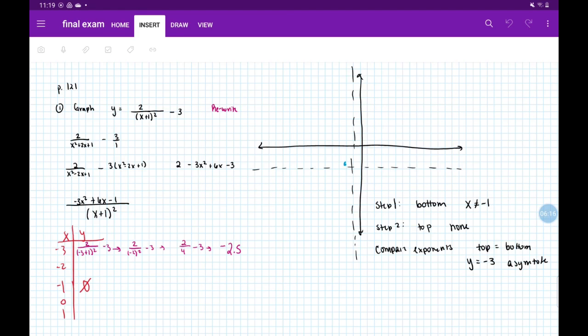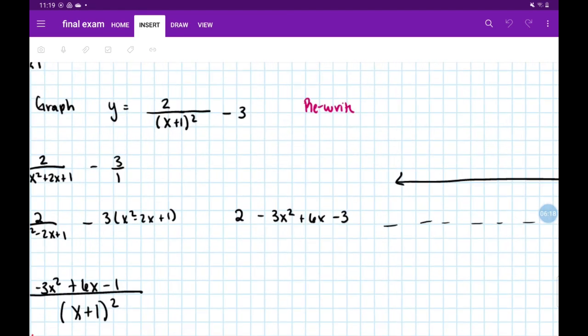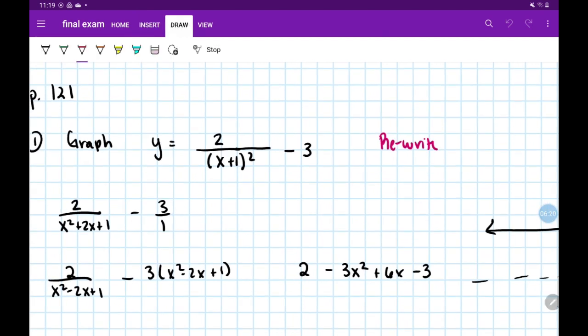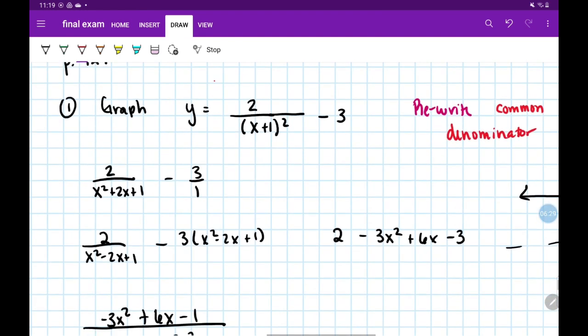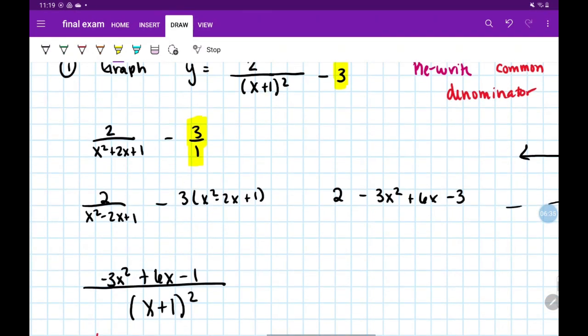So what I decided to do is to rewrite this with a common denominator. So I had to put this 3 over 1 and make a common denominator, which would have been x minus 1 times x minus, yeah.